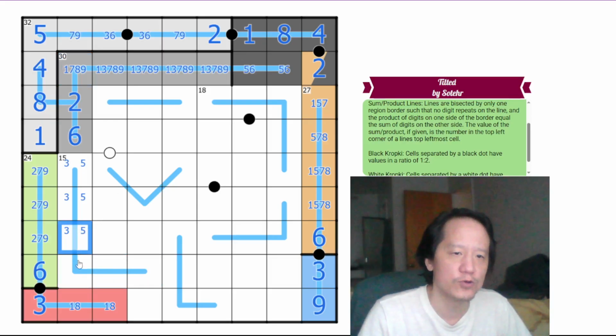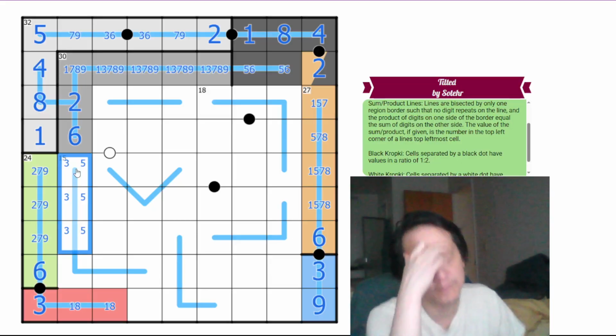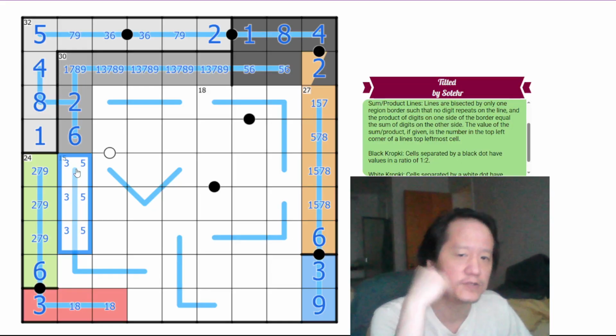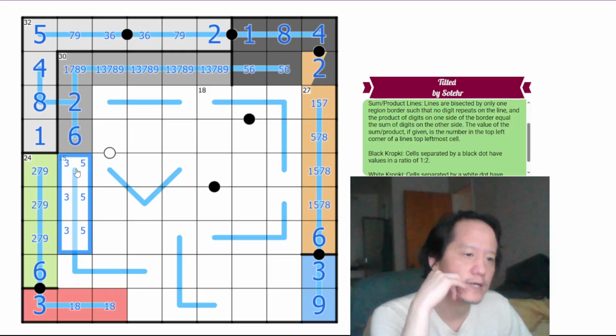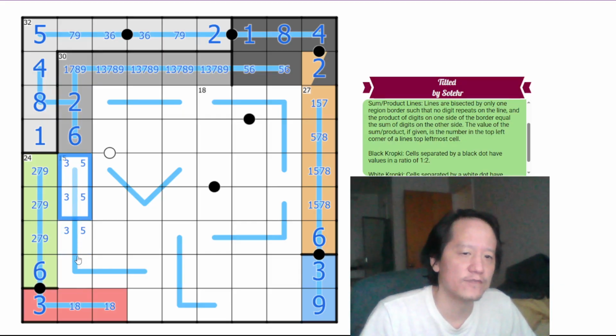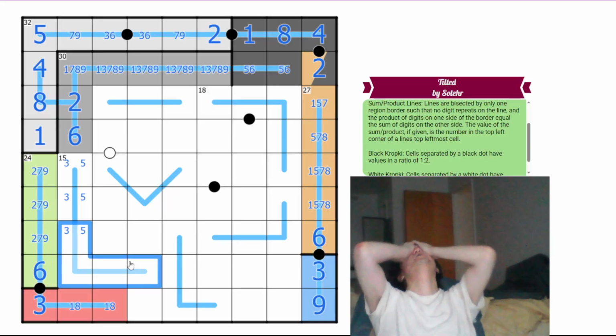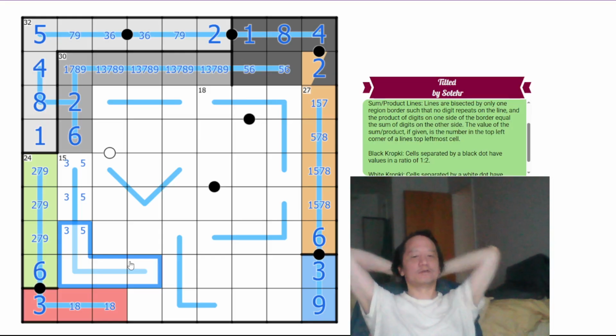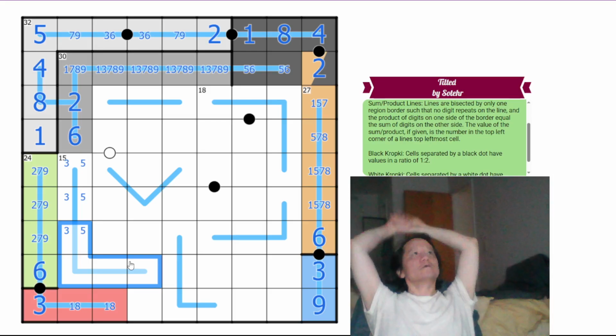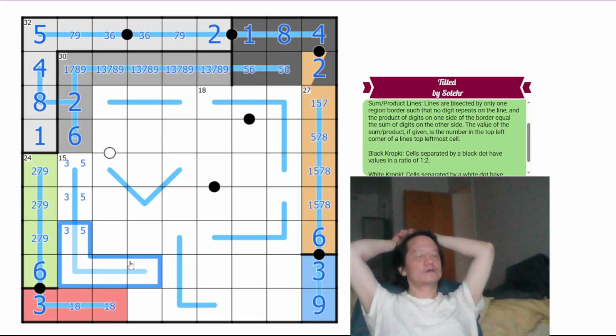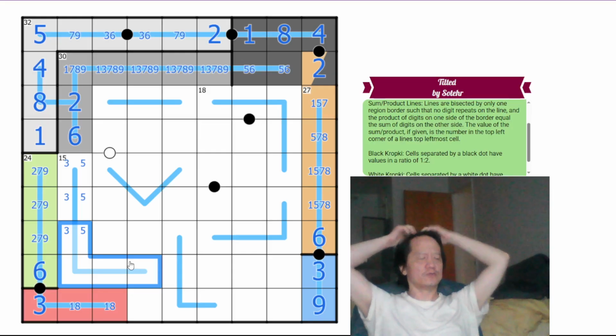We have either 4 digits or 3 digits adding up to 15. If it's 1, 3, and 5, how do you add up to 15? Well, if it's just 3 and 5, can 4 digits ever add up to 15? 1, 2, 3, 9 doesn't work because you have a 3. 1, 2, 4, 8 does work. 1, 2, 4, 7 also works.